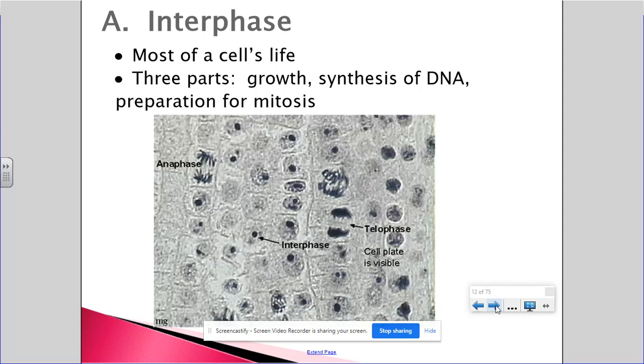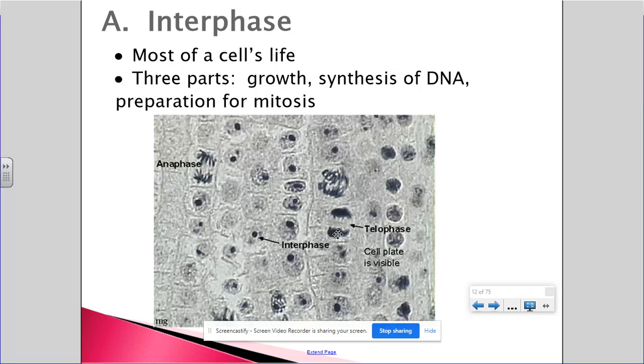Okay, so interphase, we just went through the three parts on the previous slide: growth, G1, the S phase, that is synthesis of DNA, and then G2, preparation for mitosis. The picture you see here shows some actual cells in the different phases. Most of these cells are in interphase.